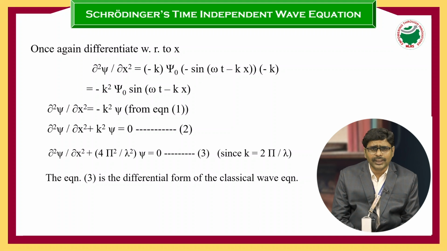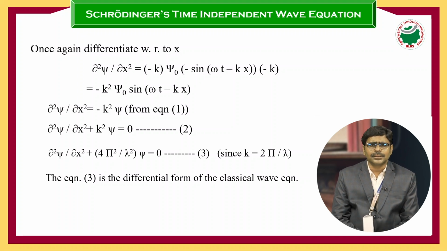If the particle is moving in three dimensions, we may represent it as ∂²ξ/∂x² plus ∂²ξ/∂y² plus ∂²ξ/∂z² plus 8π²m/h² times (E − V) ξ is equal to 0.